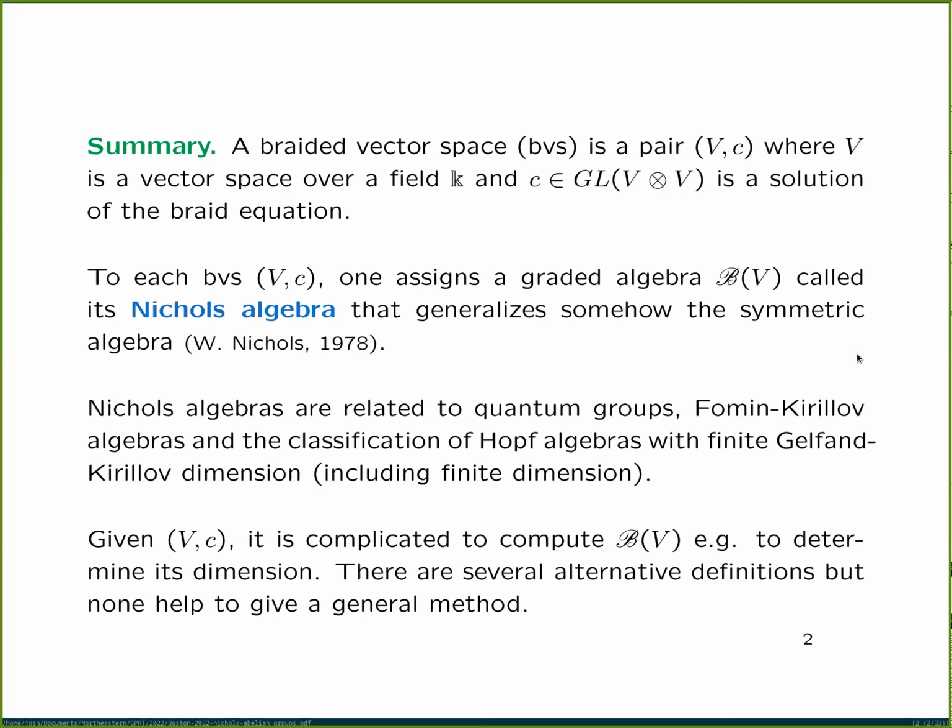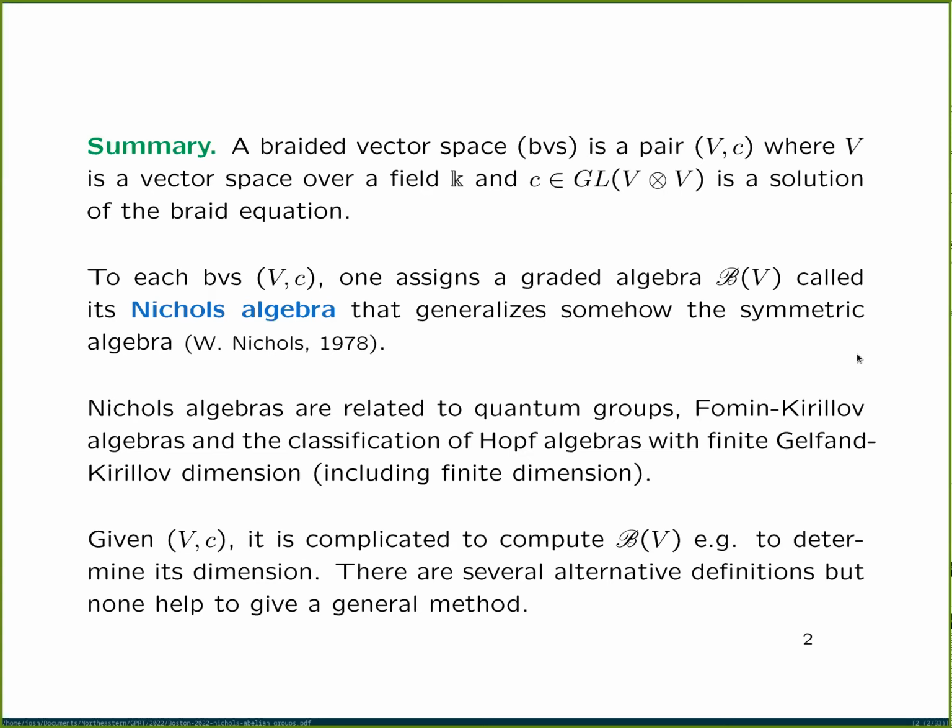Nichols algebras are related to quantum groups. I hope to have time to explain how they are related to Kirillov algebras, which appeared 20 or 30 years ago, more or less. And our main interest personally is the classification of Hopf algebras with finite dimension or finite Gelfand-Kirillov dimension.